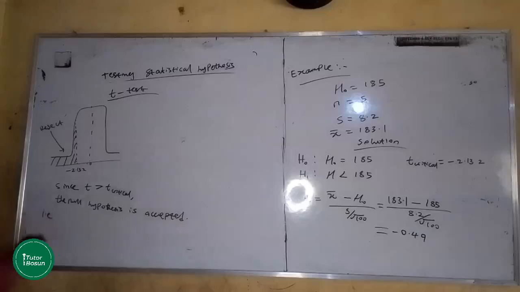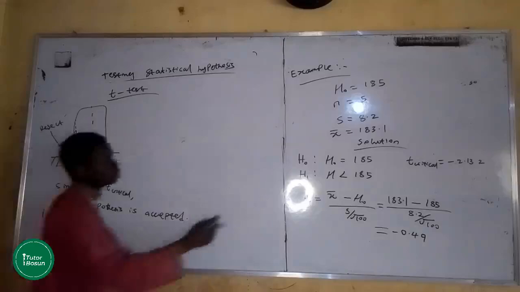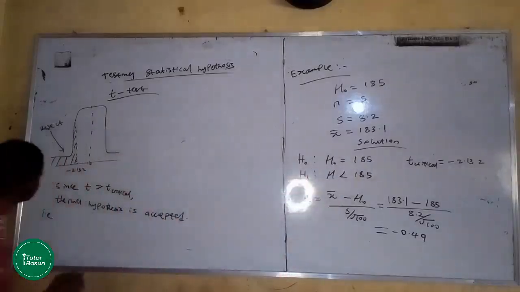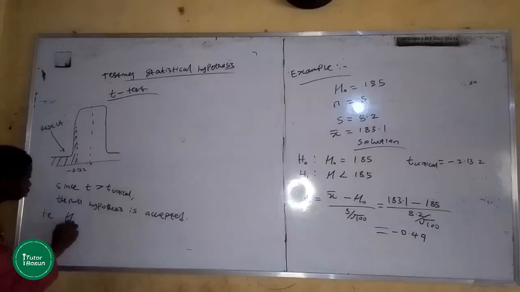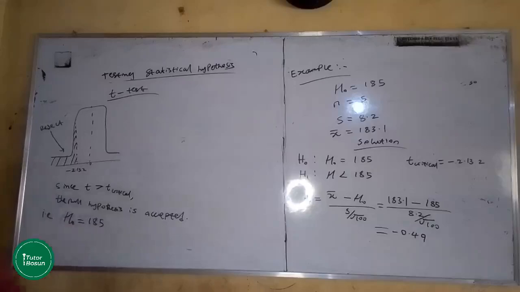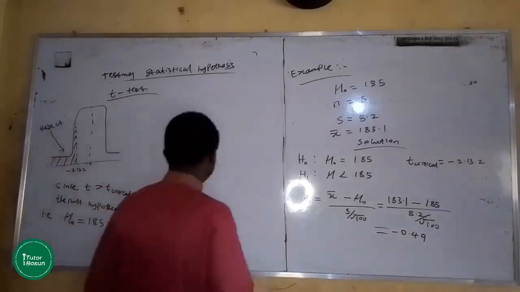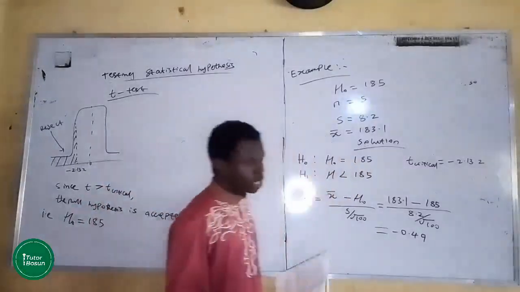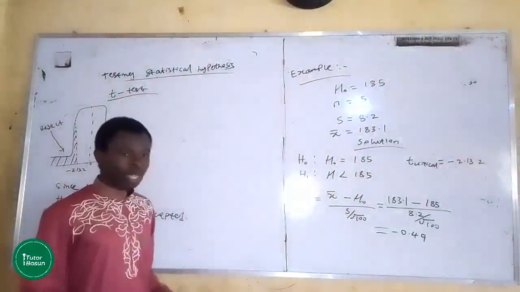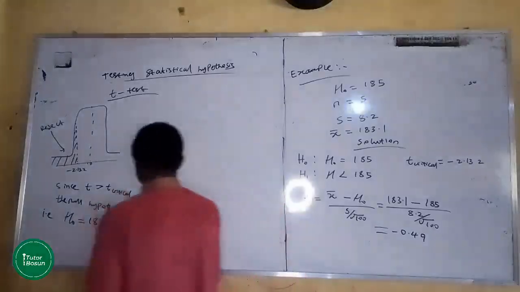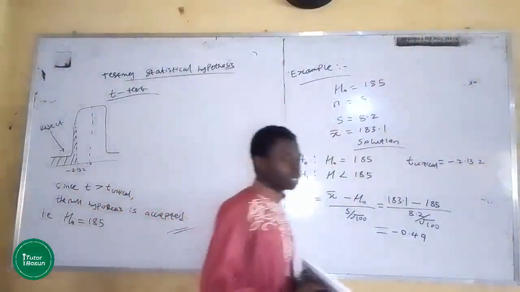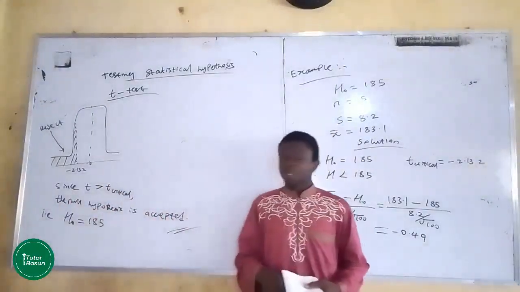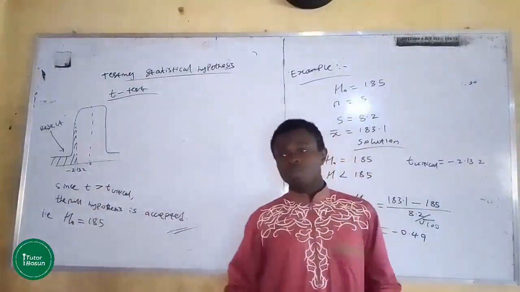That is, we said the null hypothesis should be that this is equal to 185. That is, the mean tensile strength is equal to 185. So that's the final conclusion to that, and that problem will bring us to the end of this lesson.